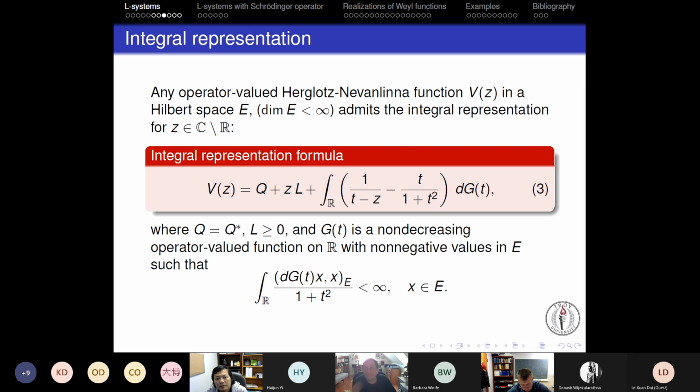I guess the first place you could see useful work with this integral representation is a book by Atkinson, and there is an addendum by Katz and Krein. You can only find it in the Russian edition of the book, unfortunately. It's the best source of all classes of functions that come out of this integral representation. It's very rich, even though it's done in a scalar case, but then there are generalizations.